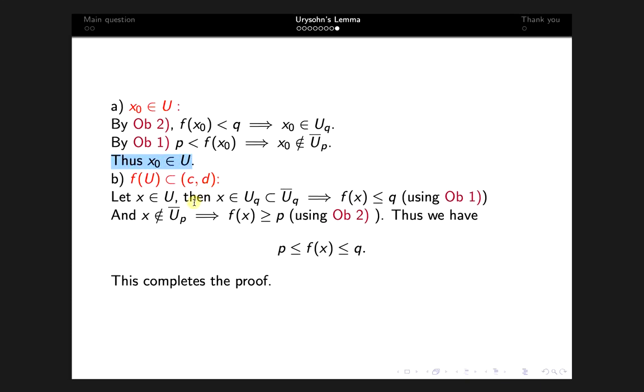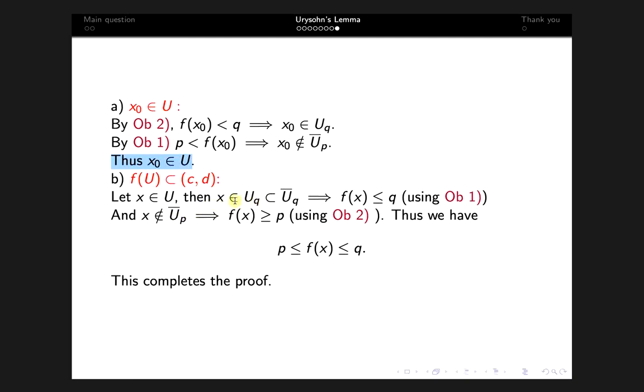That would complete the proof. So if x belongs to U, then x belongs to UQ, but x does not belong to UP closure, because U equals UQ minus UP closure.